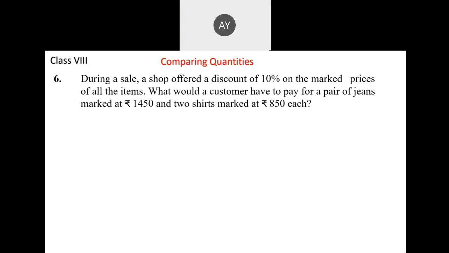This is a question related to discount. A pair always refers to two. Actually, a pair of jeans is rupees 1450, not 1450 each. That sentence you have to observe.